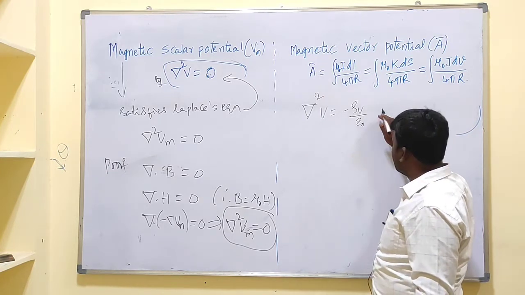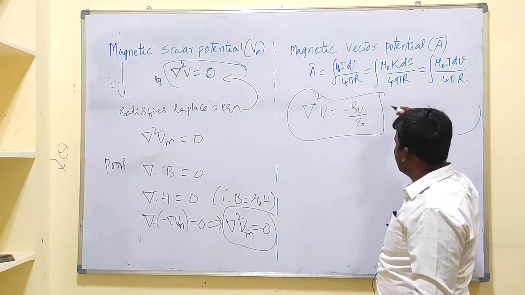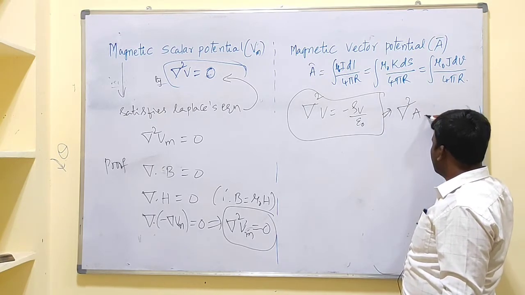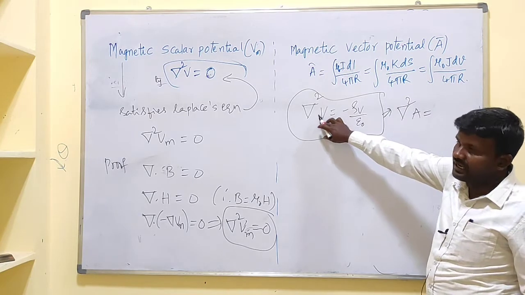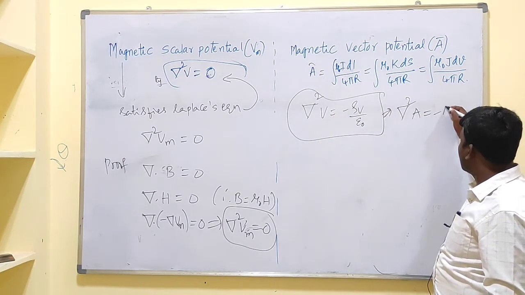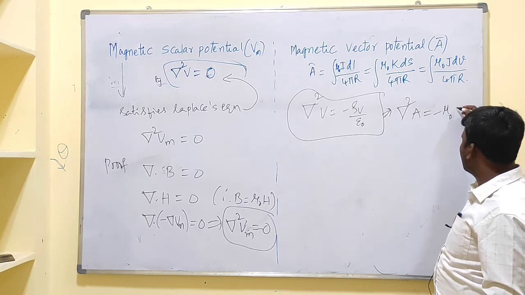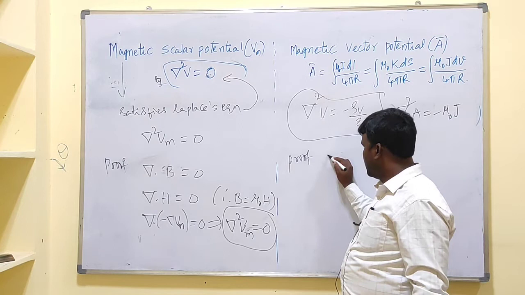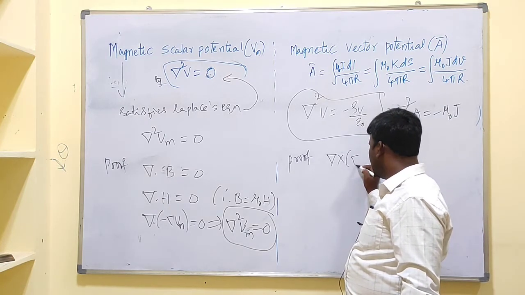Here it is Poisson's equation for the electric field. For the magnetic field, this can be written as del square A. The Laplacian operator can be operated on scalars as well as vectors. So this can be written with 1 by epsilon naught replaced by mu naught into J. Proof. We know that del cross A.